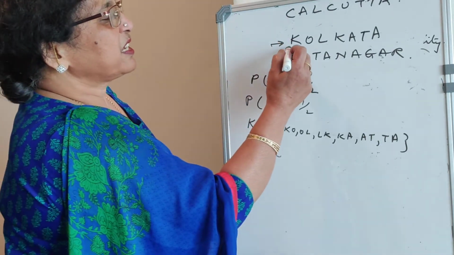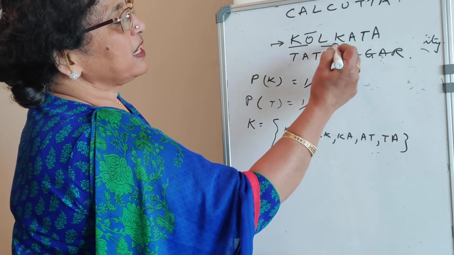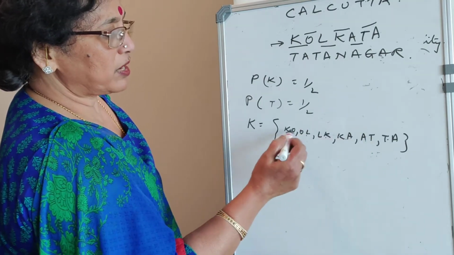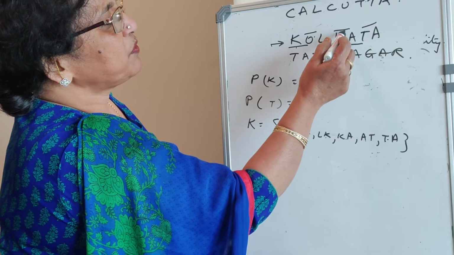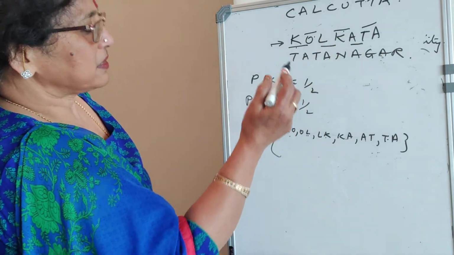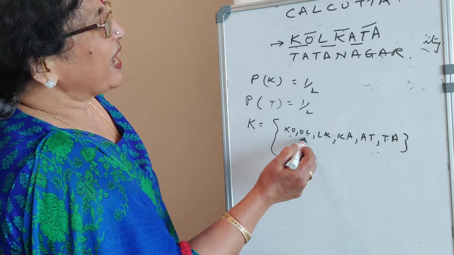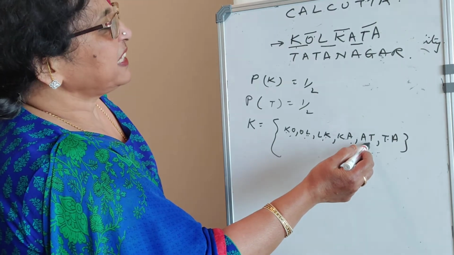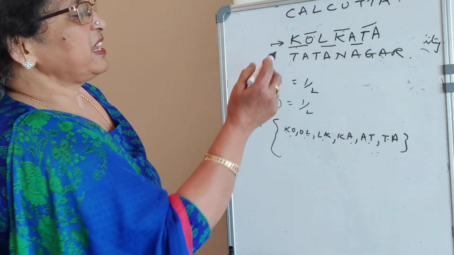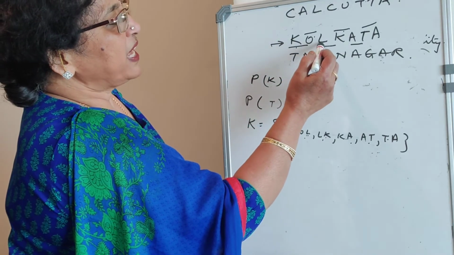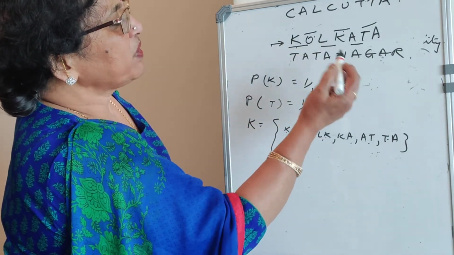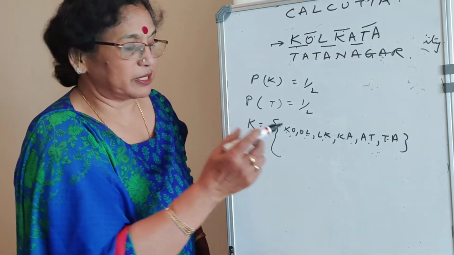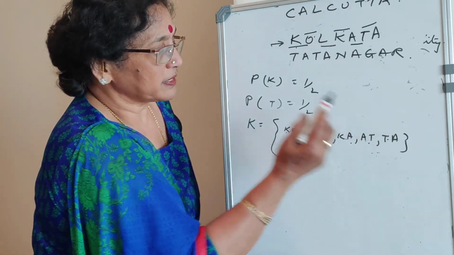Kolkata: KO, OL, LK, KA, AT, TA. How many pairs of neighboring alphabets? 1, 2, 3, 4, 5, 6.